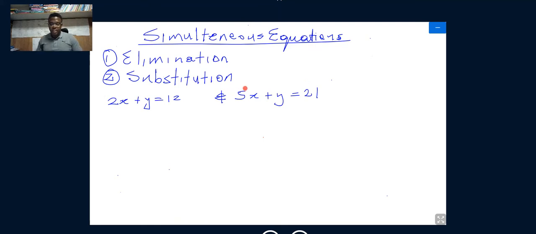This is how they present these equations. This is their standard form.